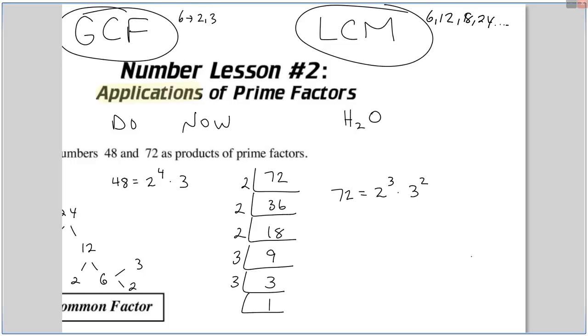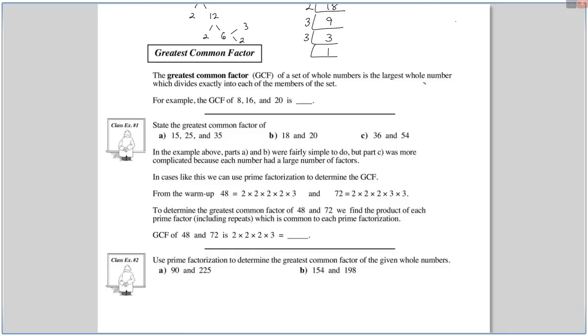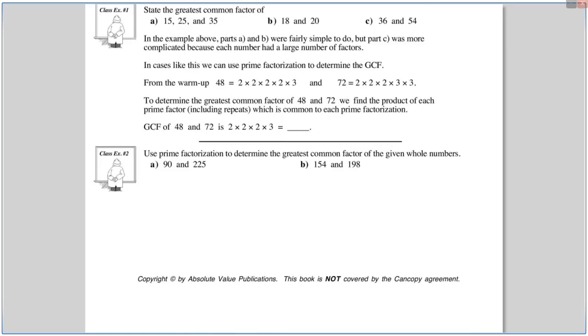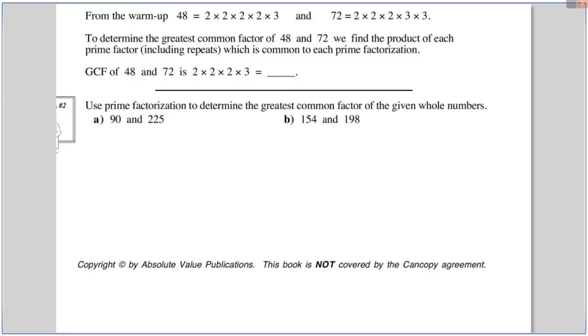Alright. So, the first one, greatest common factor. Use prime factorization to determine the greatest common factor. This is where the division table whoops the factor tree's butt, because you're going to do it at the same time.